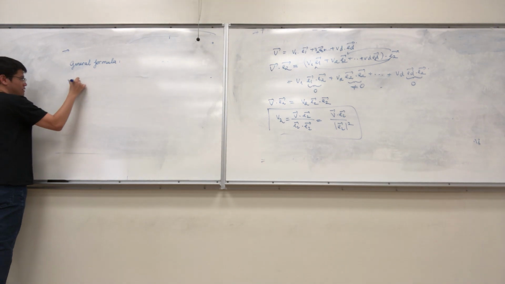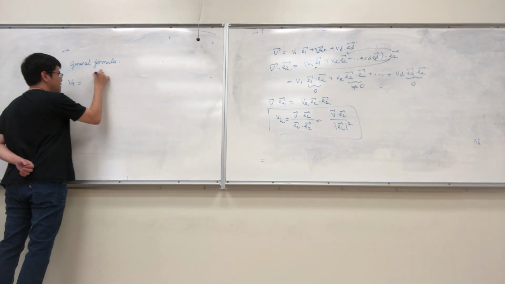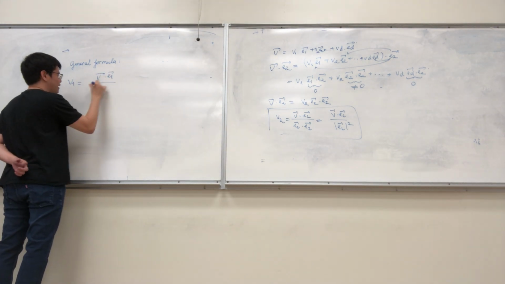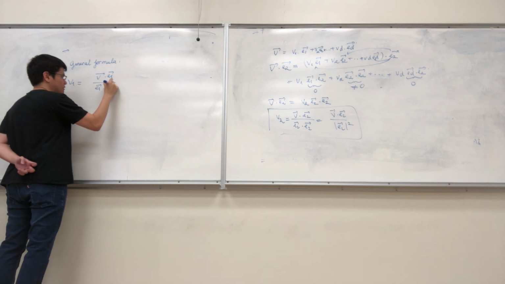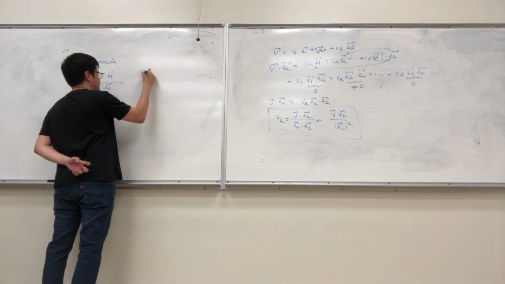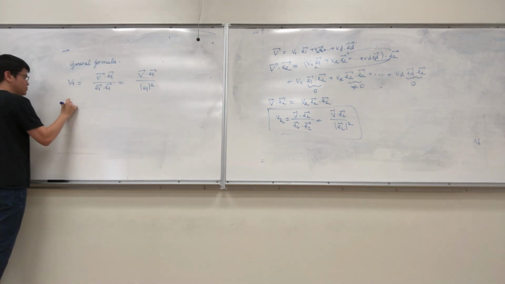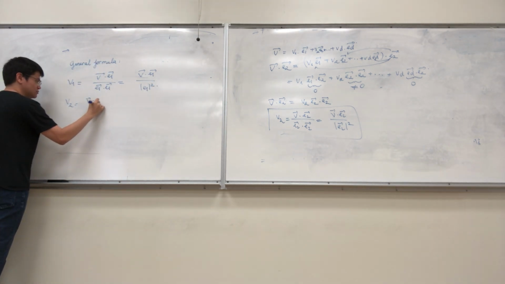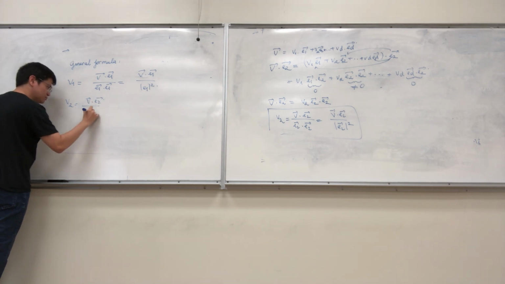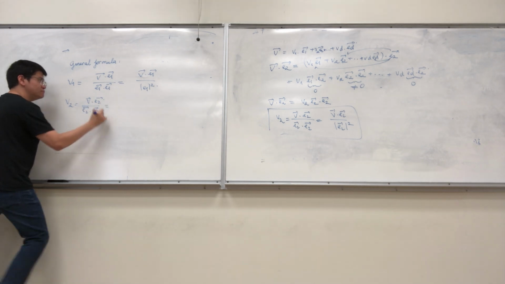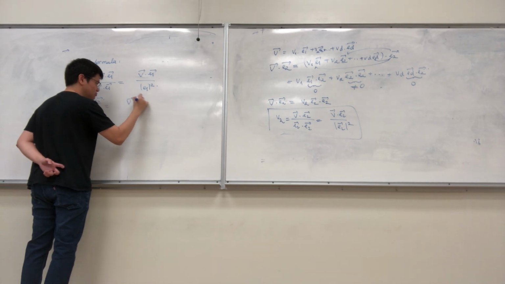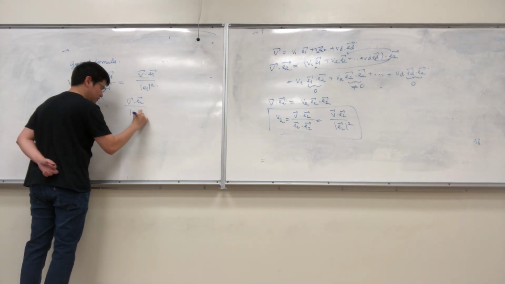V1 will be V times E1 divided by E1 E1, which is V times E1 divided by E1 squared. V2 will be V times E2 divided by E2 E2, and this gives you V times E2 divided by E2 squared.